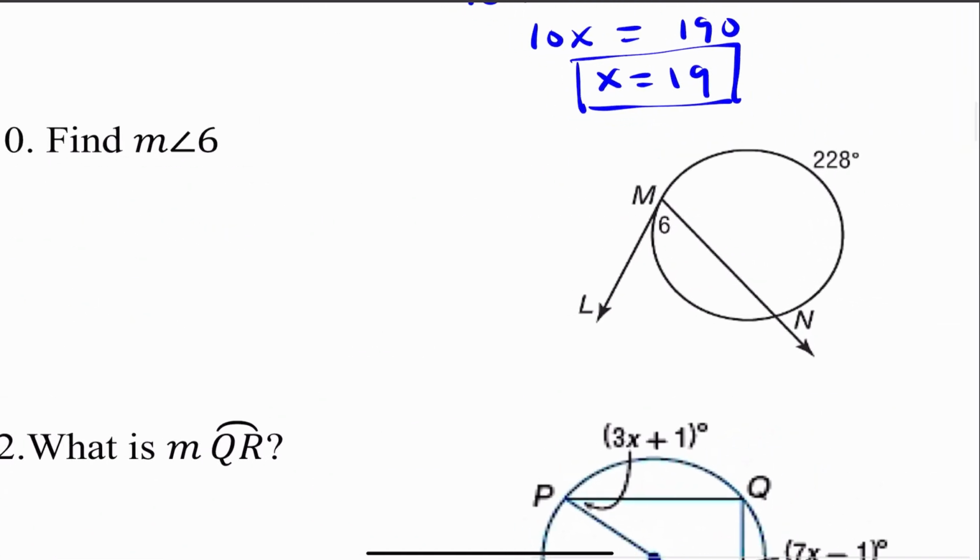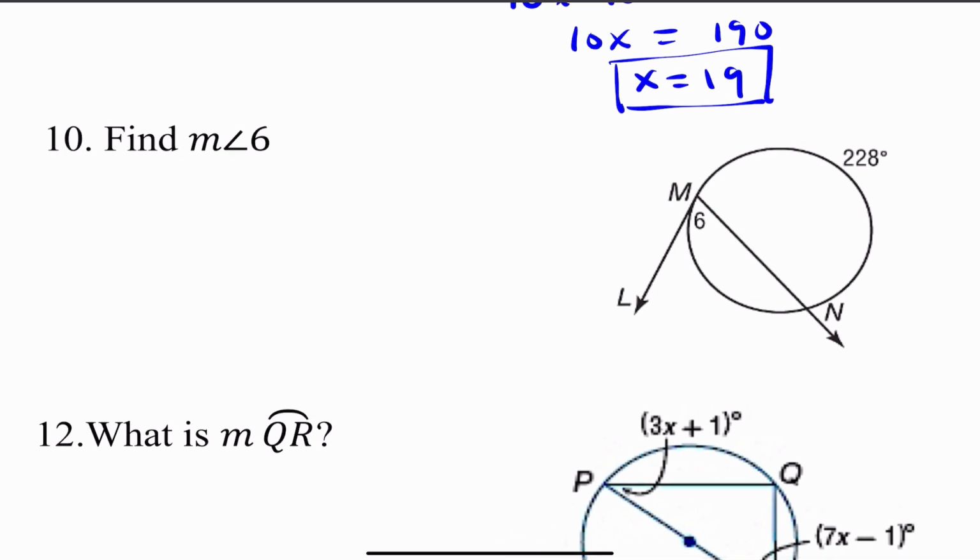For this one, it says find the measure of angle 6. The first thing we have to note is that this is the angle that I'm looking for, and there's nothing over here. But we know that this arc is 228 degrees. So if I do 360 minus 228 degrees, that's basically the measure of this arc.